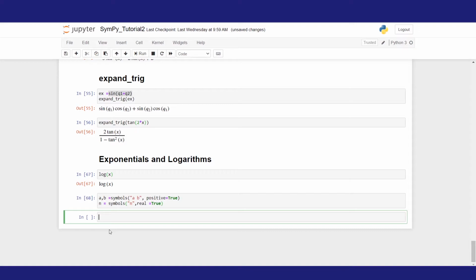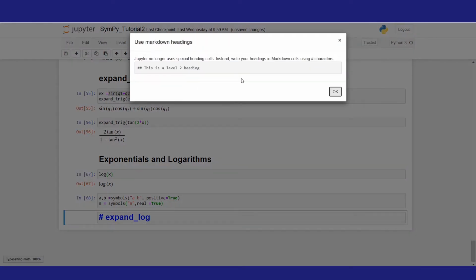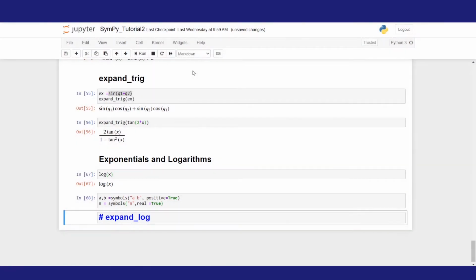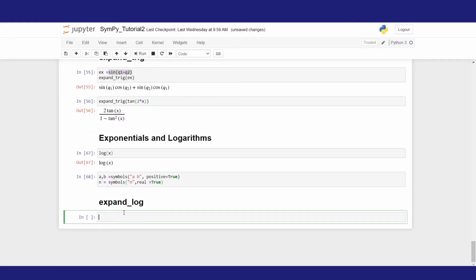To be able to succeed, we know that log of a times b is expanded as log of a plus log of b, and log of a over b is expanded to a minus. We have a function called expand log, which helps me expand all the logs.